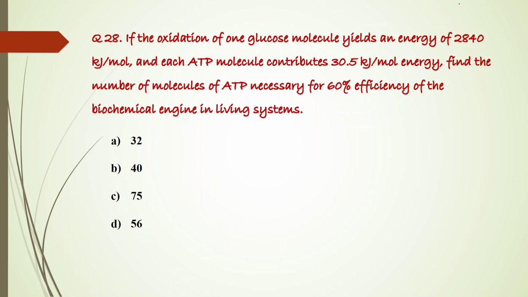And how much energy does that yield? You get 2840 kilojoule per mole, and each ATP gives you 30.5 kilojoule per mole. So how many ATP molecules will your body require to function at 60% efficiency?